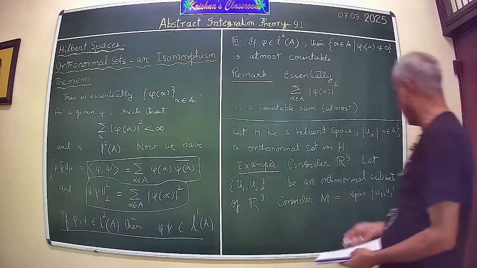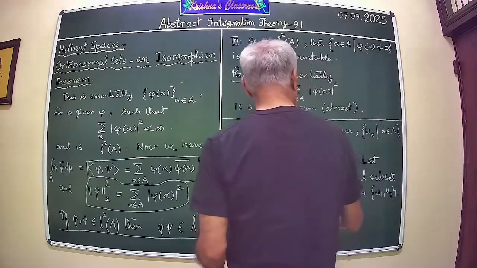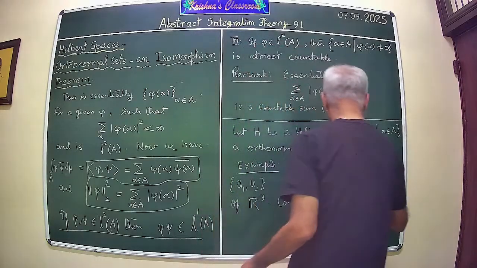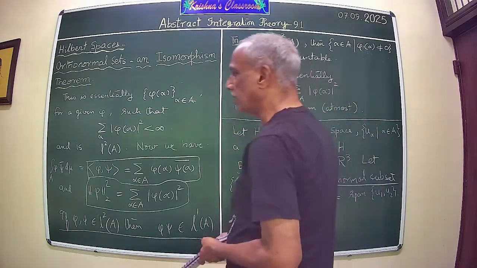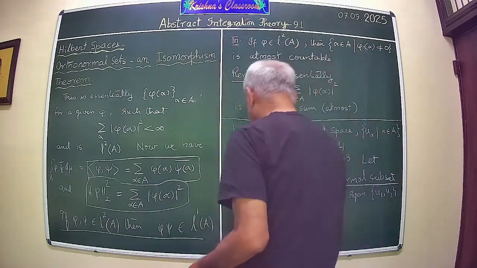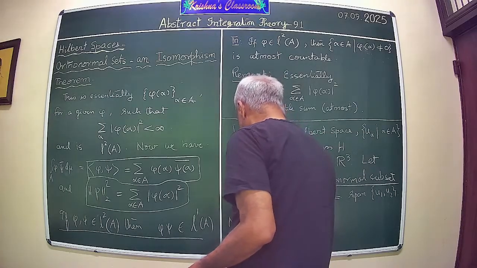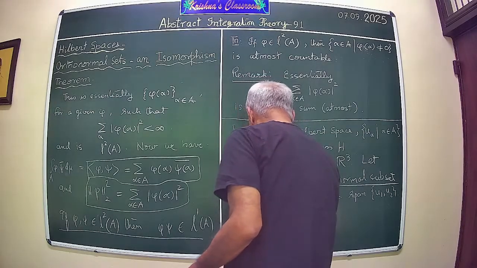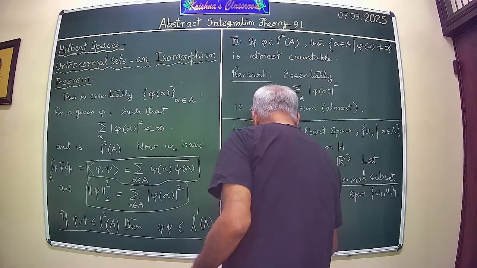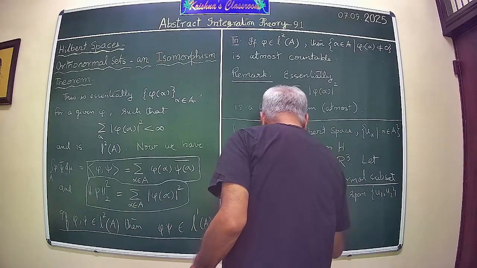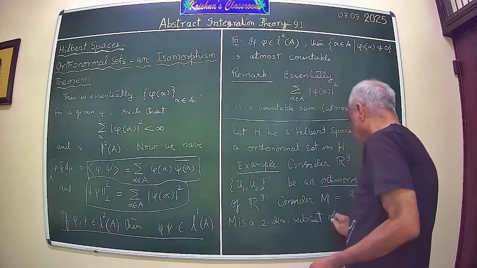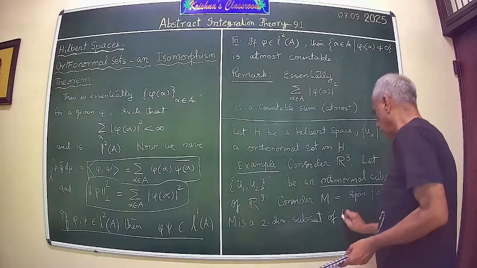So this is two-dimensional. Orthonormal subsets are all linearly independent. Therefore, this is a subset of R3.